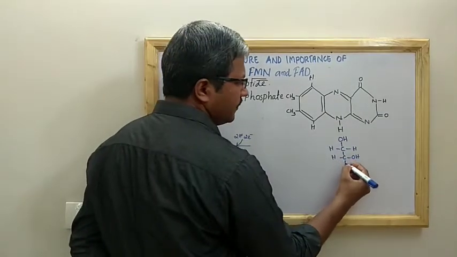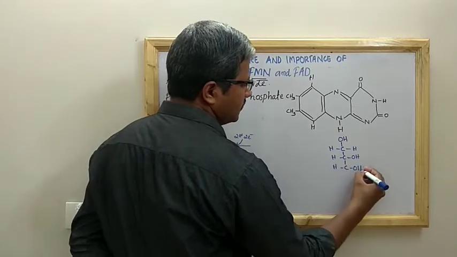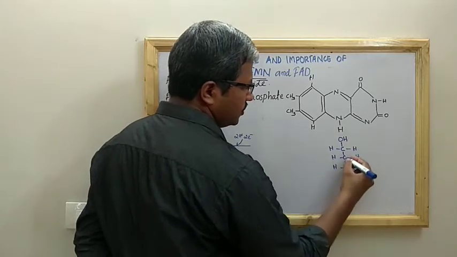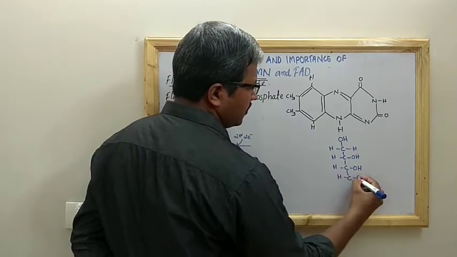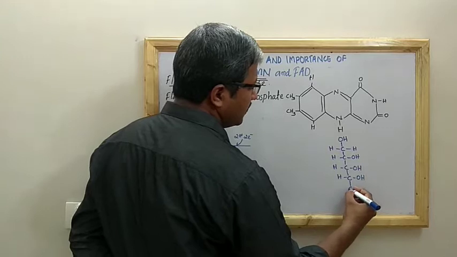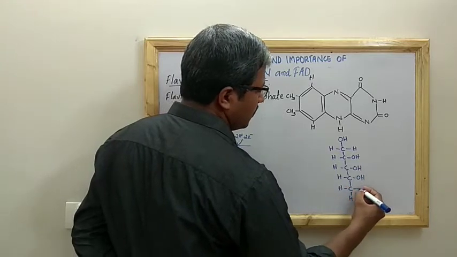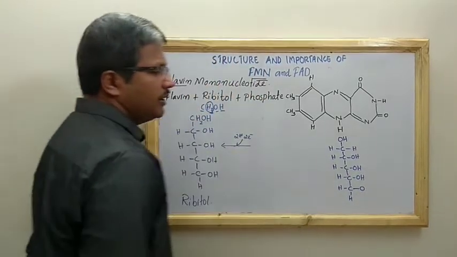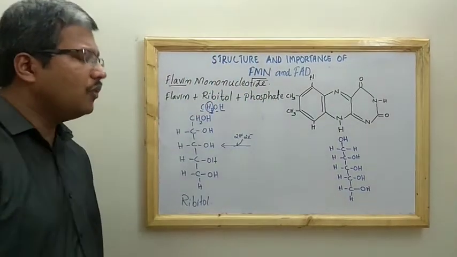Okay, don't forget that. Then C, H, OH. And then again 1, 2, 3, 4, 5, 1, 2, 3. Again CH, OH, 4 only. Then again CH2OH. Okay.